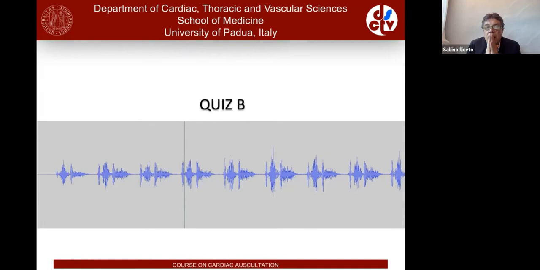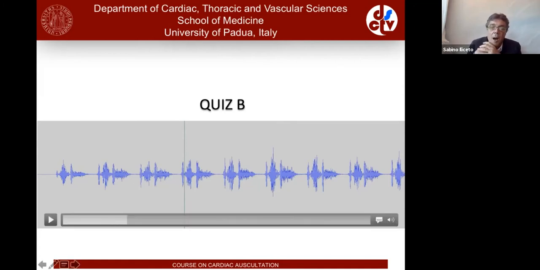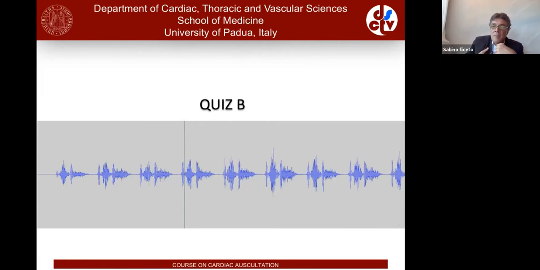And lastly, there is something that, of course, I cannot show with the sound: where this murmur has been collected. This murmur is heard on the aortic area or the medium sternal area for the aortic regurgitation, while the mitral valve prolapse is heard through the apex.